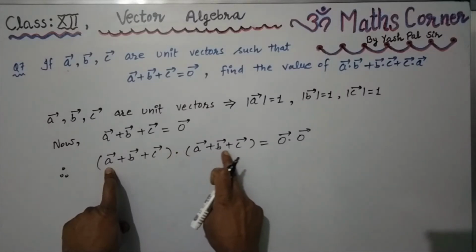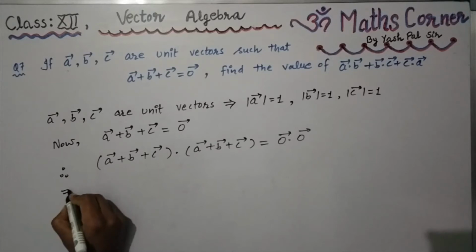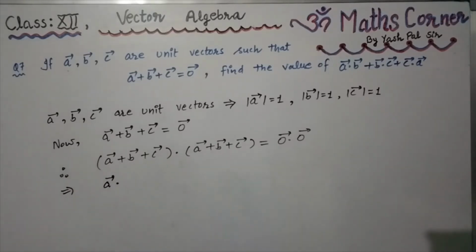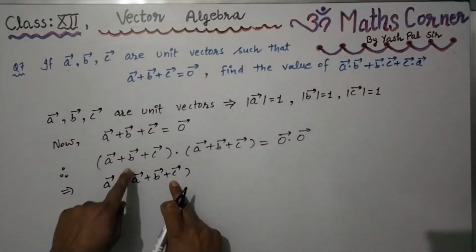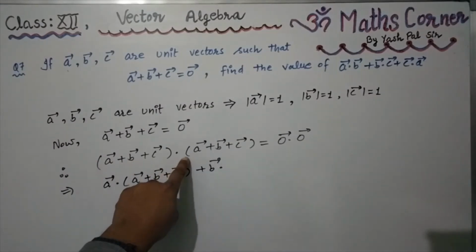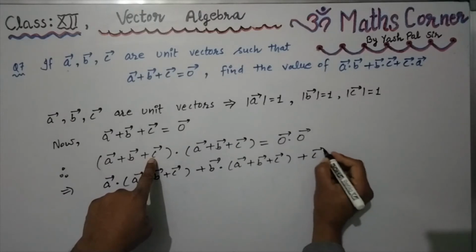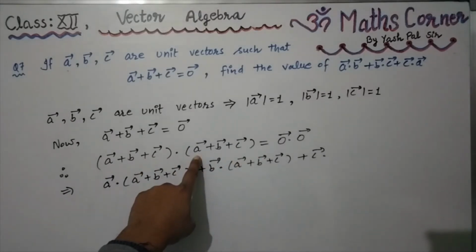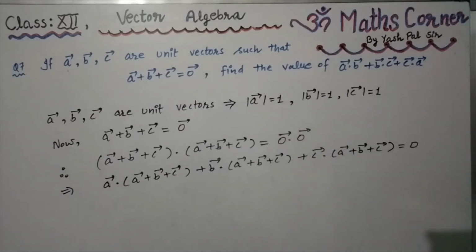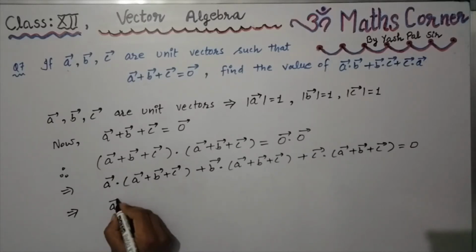So we can also write A plus B plus C dot A plus B plus C equal to 0 dot 0. So here we solve this. First term is A vector dot the whole bracket, plus second term is vector B dot the whole bracket, plus this C vector dot the whole bracket. Right hand side is 0 dot 0, which means 0.